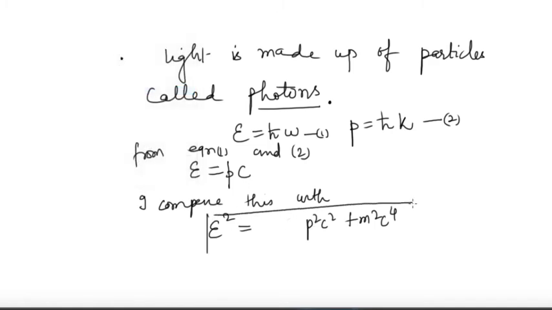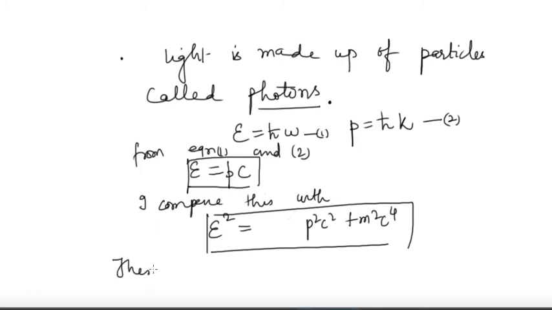Now when I compare these two equations, what do I get? This will be satisfied only when the mass of the photon is 0, that is, when these photons are massless. Another very important point to note is how particles that are massless can possess momenta.